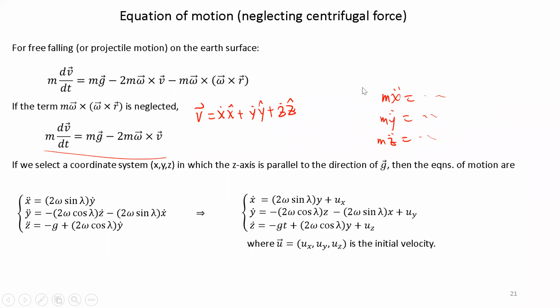Therefore, if you want to solve this equation of motion exactly, you are going to solve this system of differential equations exactly. And this system of equations of course forms a set of coupled differential equations, because you have x double dot on the left hand side, but on the right hand side you might have y dot or z dot.